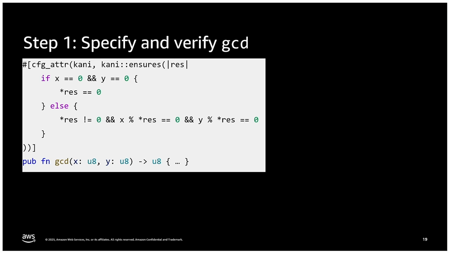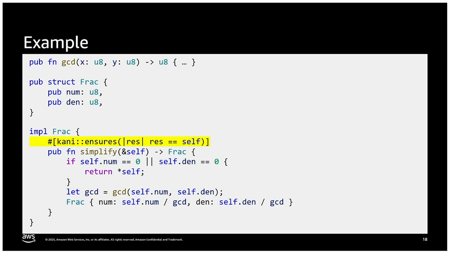Now, this is not a complete specification for GCD because it only says that the result divides both inputs, right? But it doesn't say anything about being the greatest common divisor. However, this is a case where, for the property that we want to prove, this contract is sufficient to imply the property.